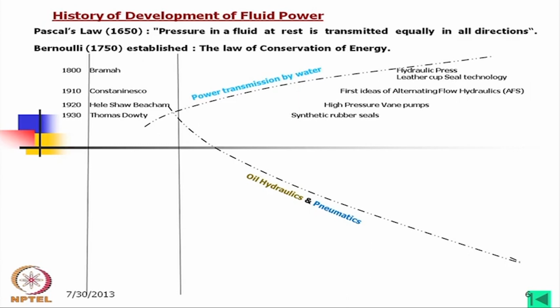In fact, in fluid power, as it is a high pressure technology, the main problem was the leakage, apart from some other technical problems. So, when synthetic rubber seals were invented by Thomas Doughty, it actually revolutionized the fluid power systems.